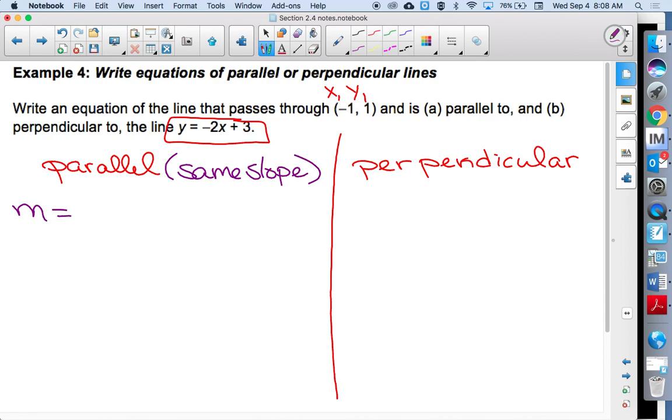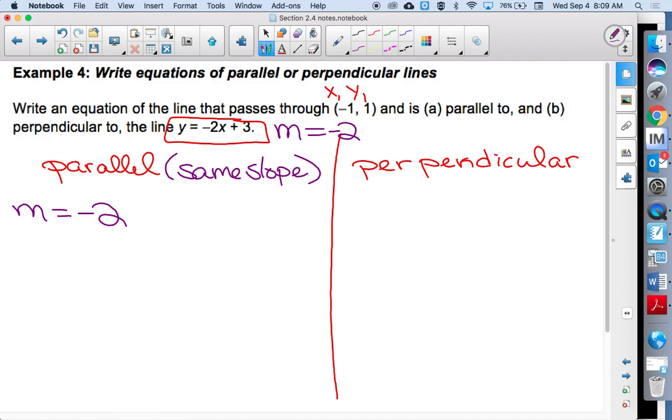So Jack, that means the slope of our new line has to also be, what's the slope of the line they give you? Negative 2. So the slope of our new line has to be -2 because the current line slope is also -2.